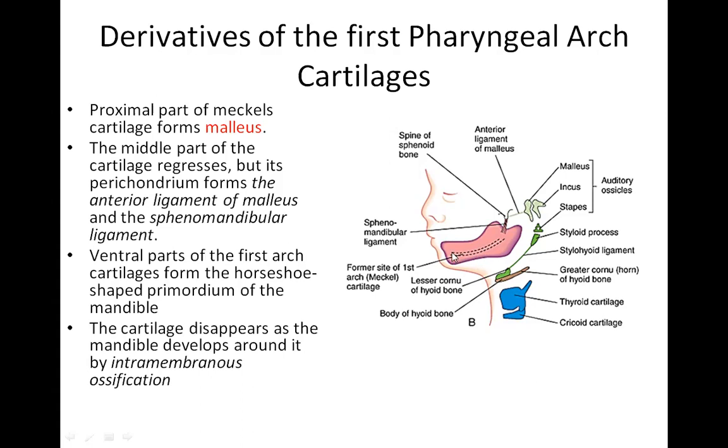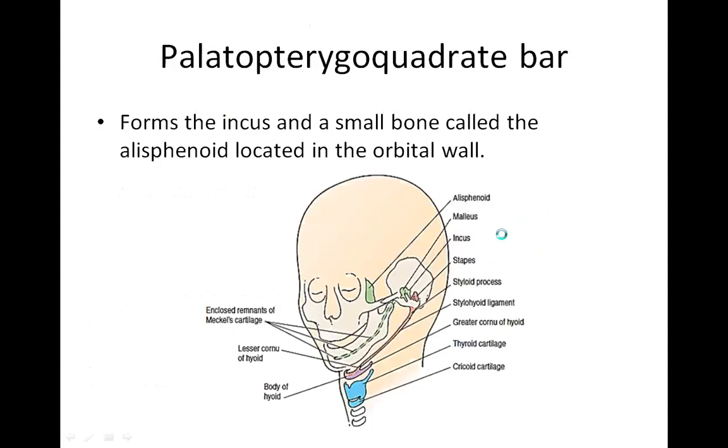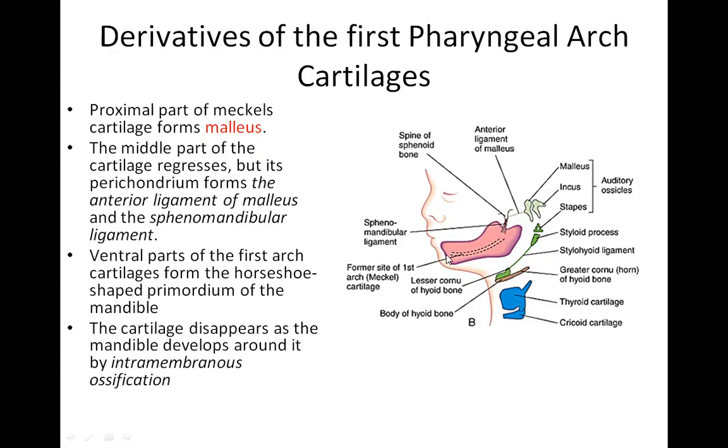So the cartilage mostly disappears as the mandible develops around it by intramembranous ossification, except at the lingula and the genial tubercles. When you read about the mandible, you will see the genial tubercles, they are 4 in number, and the lingula, they represent Meckel's cartilage, right? So the derivatives of the first arch cartilage are the malleus, anterior ligament of the malleus, the sphenomandibular ligament, and the mandible as a whole.